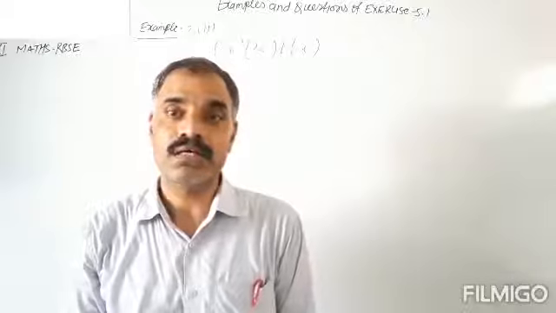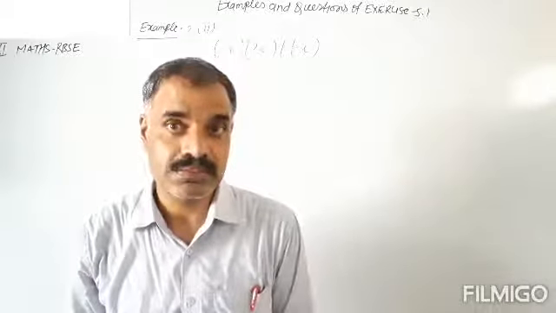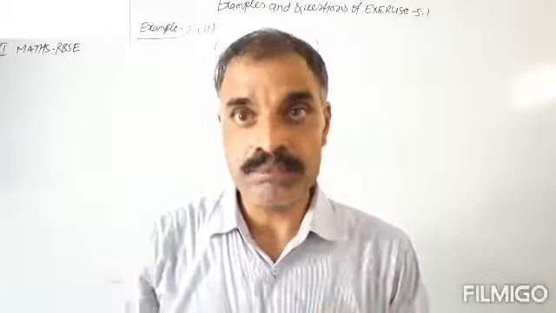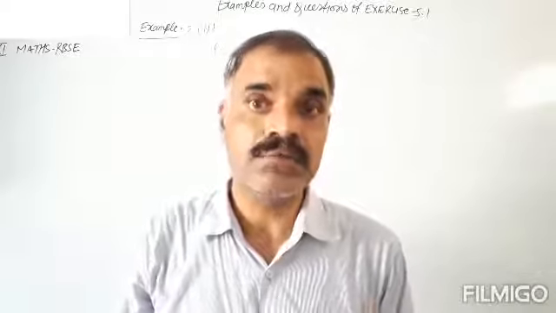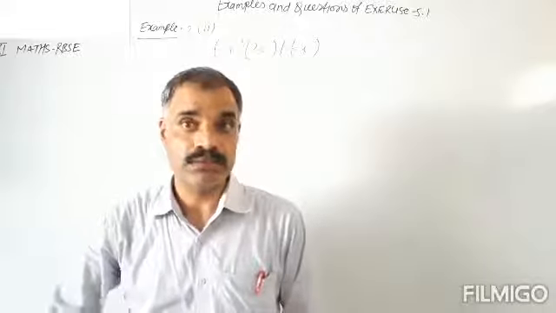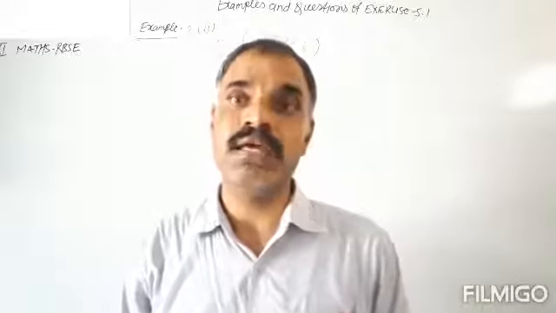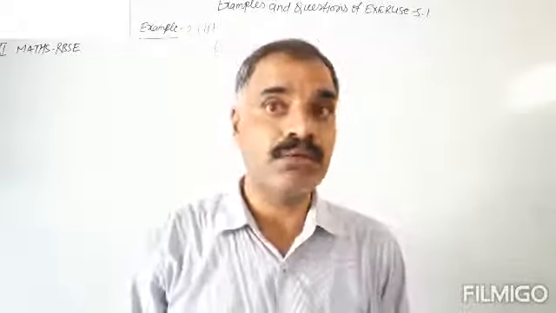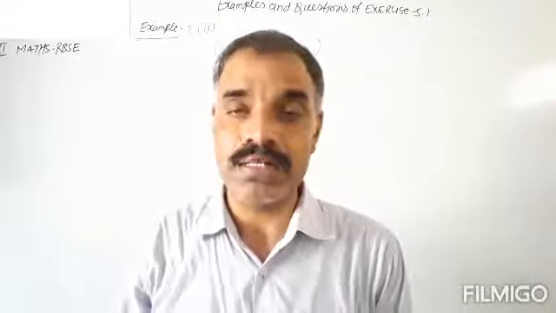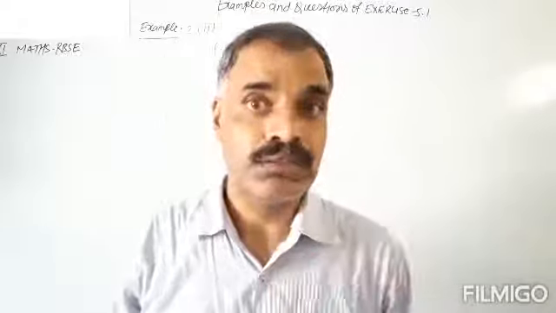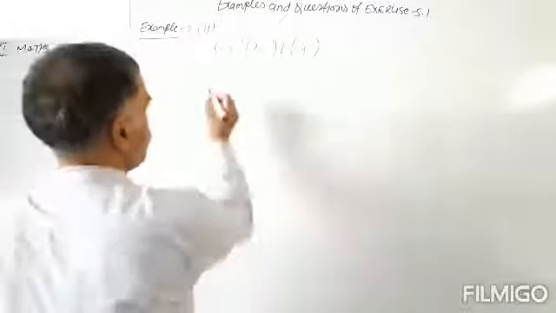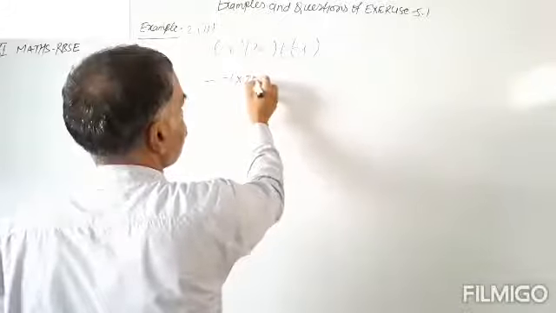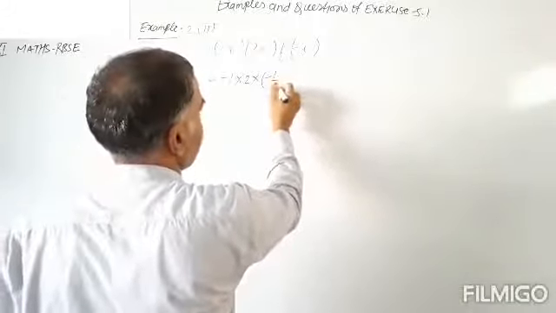We have to solve this and put it in the standard form of a complex number. The standard form is a plus iota b, that is, the real part of z plus the imaginary part of z. So this equals minus 1 multiplied by 2 multiplied by minus 1 upon 8.